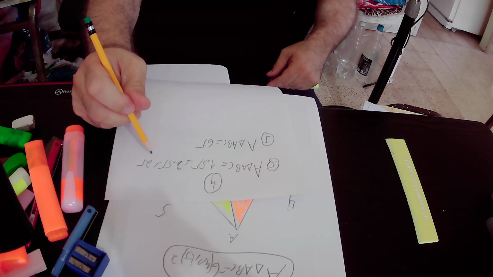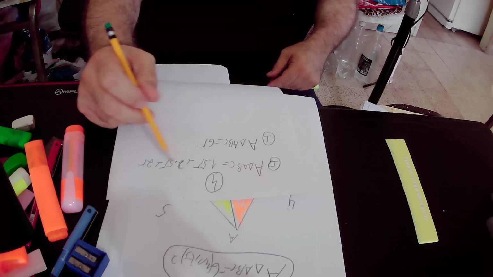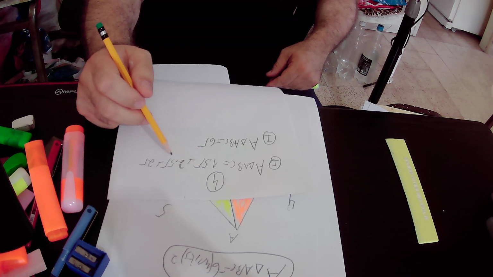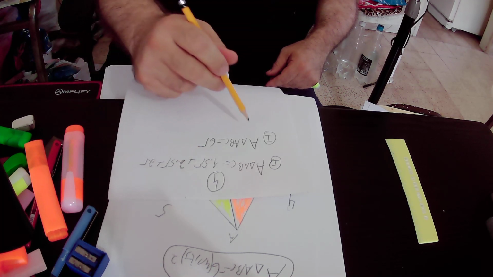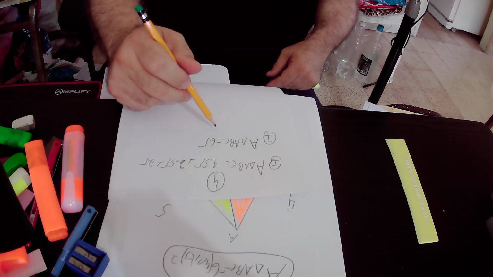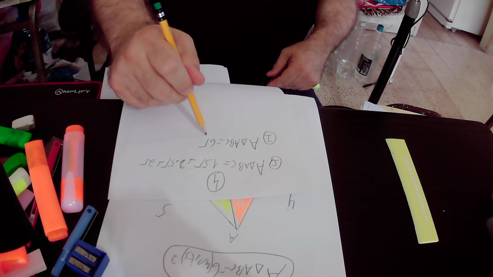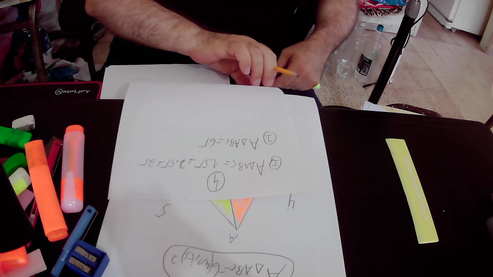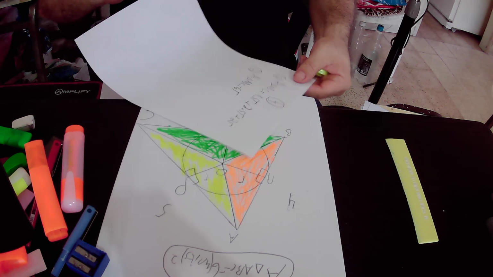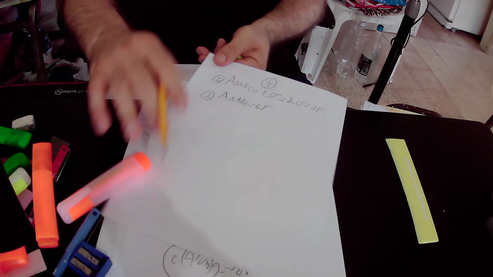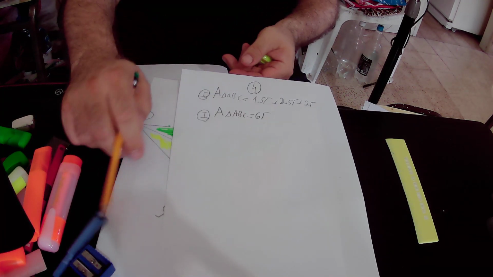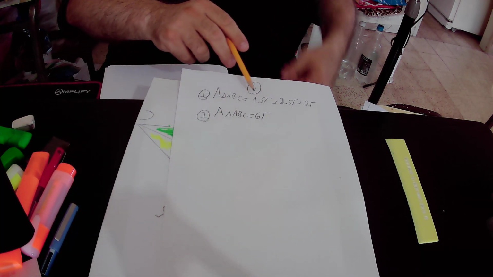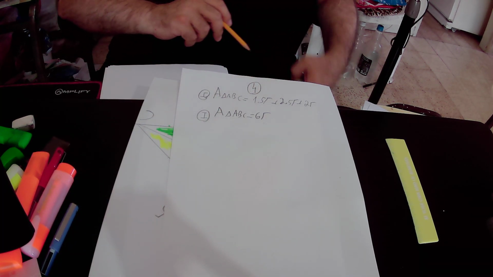According to our calculation, this side of the equation is summarized to 6 times the radius. So the area of triangle ABC equals 6 times the radius of the circle. Okay? The area of triangle ABC equals 6 times the radius of the circle.